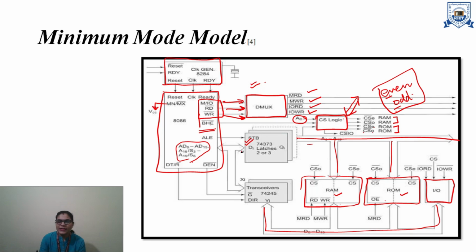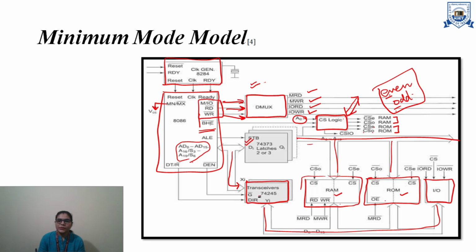A latch is connected to the address bus for demultiplexing the address from the data buses. After demultiplexing, a transceiver is connected. This will have the transmitter and receiver, with buffers for data transmission and data receiving.